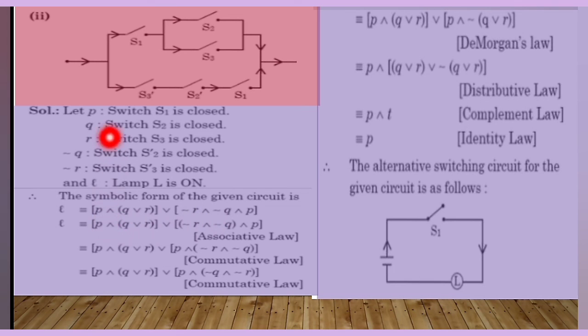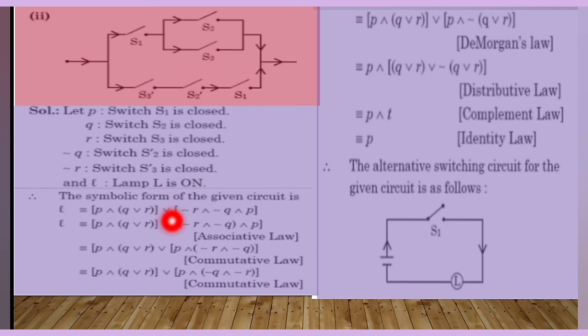Let's write this: P and Q or R. Again or second bracket, S3 means negation R, negation R and negation Q and P. See here, P or in bracket Q or R. This is Q and R, or here this is parallel to these three switches.